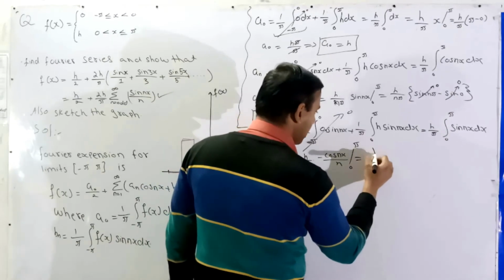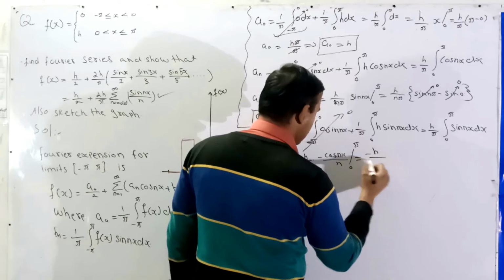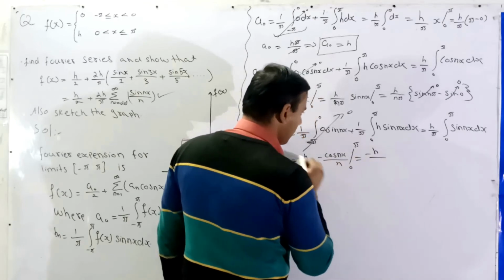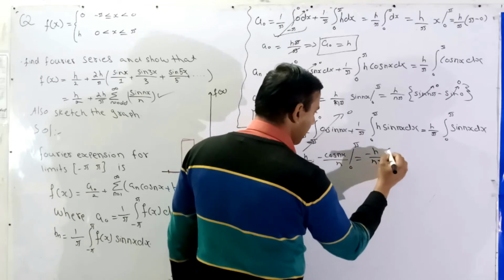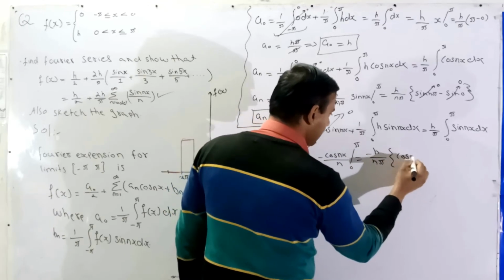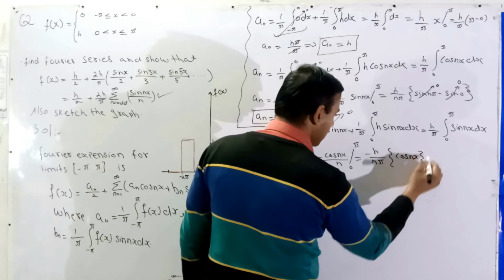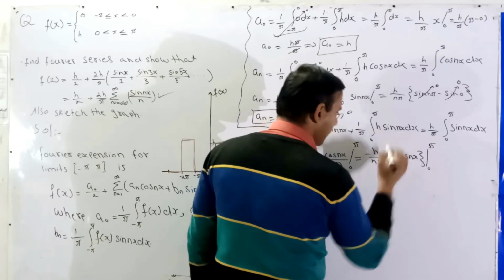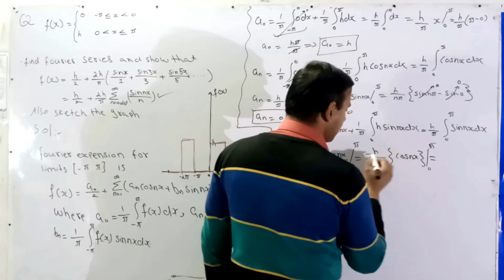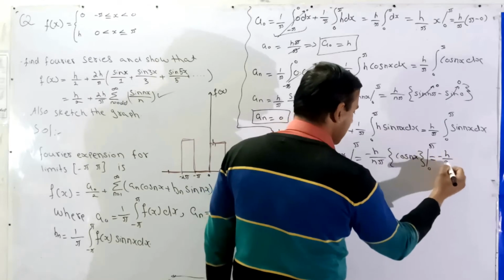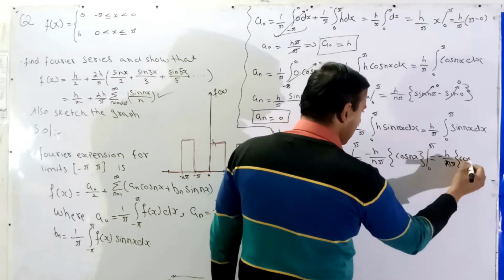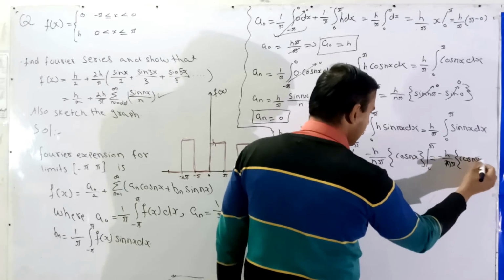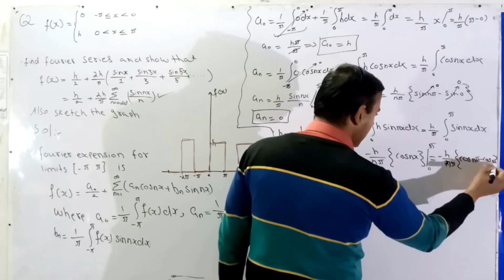We can write it like minus h over n pi cos nx from 0 to pi. For the limits, minus h over n pi, cos n pi minus cos 0.